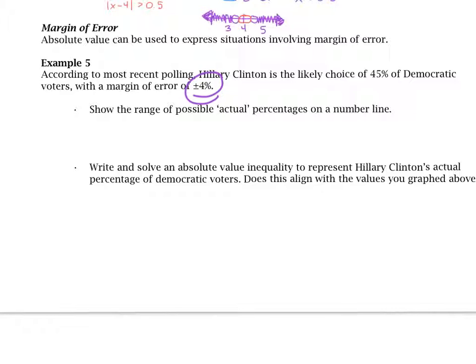But it could be 4 points lower or 4 points higher. So if we go 4 points lower, that would be 41%, right? Or it could be 4 points higher at 49%. So the actual number that they're predicting would vote for her is somewhere between 41 and 49.